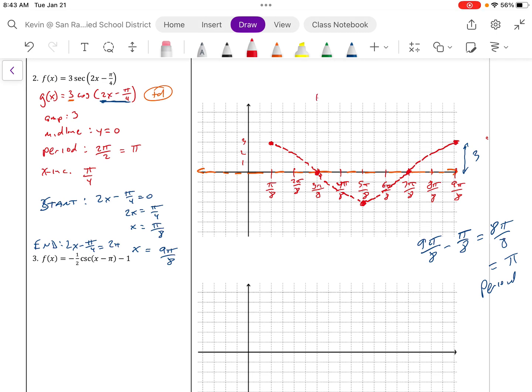Now, again, we come in here, and where our graph crosses the midline, we draw our asymptotes in. And now we're finally going to graph our f of x equals 3 secant 2x minus pi over 4. And at the minimum of our cosine, we draw our sort of downward parabola here, going towards the asymptote.